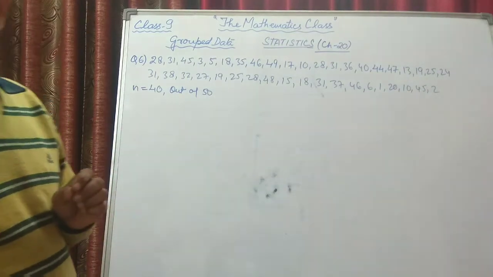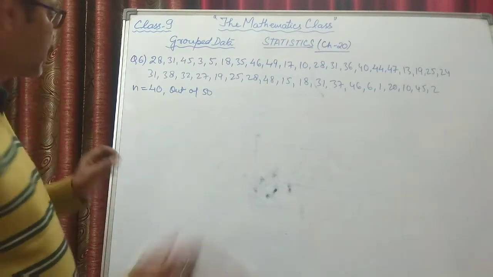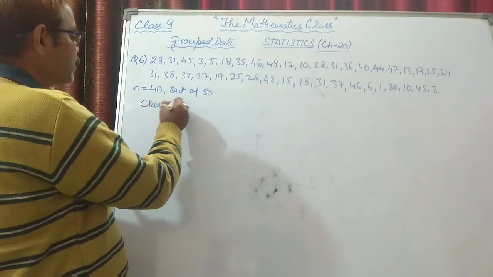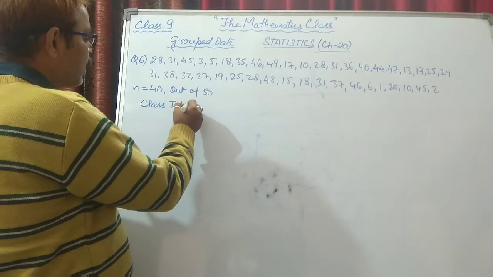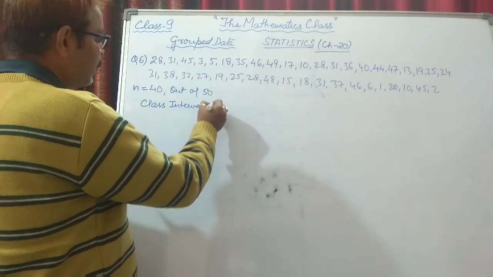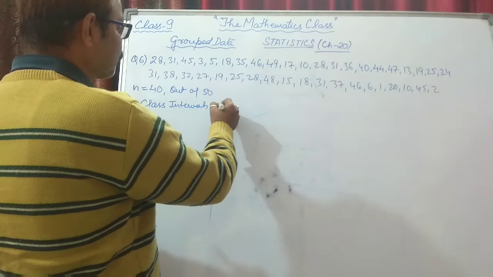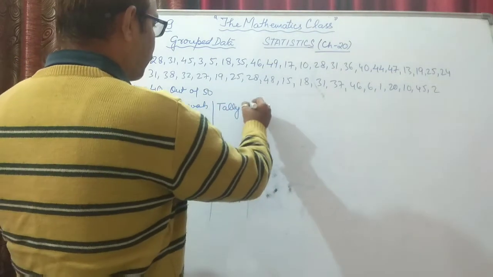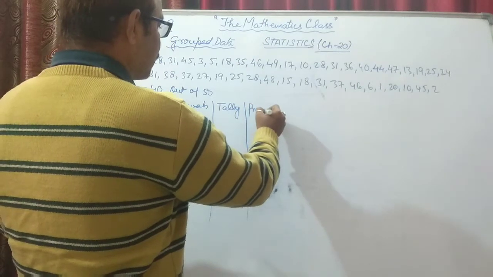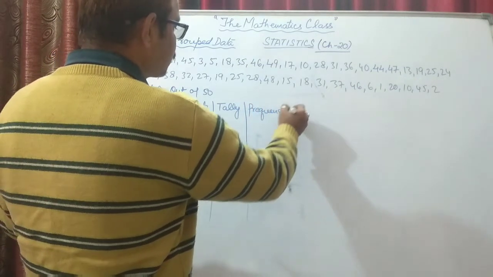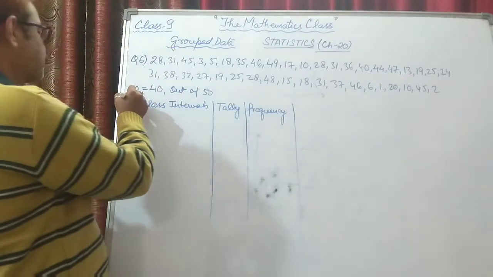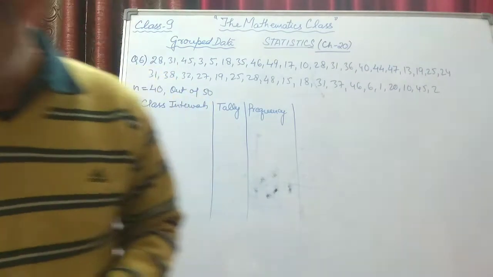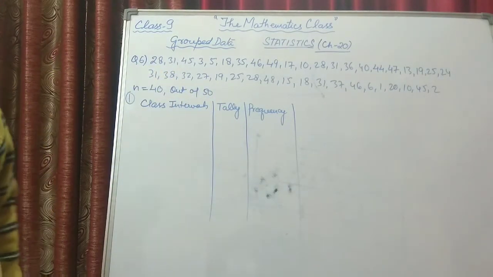So first of all, we will be making a tally chart. For the tally chart, the first column will be class intervals, then tally, and then frequency. This is what we have to do in the first part, taking class intervals as 1 to 10.